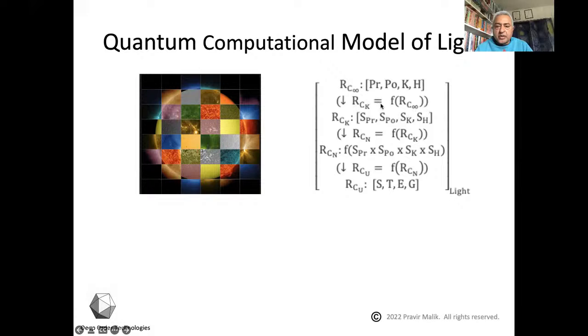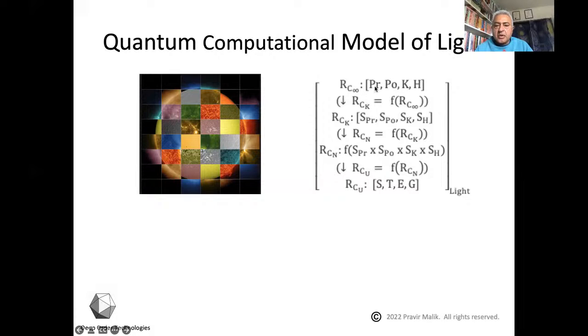Essentially what this is saying is that the next layer of light is a symmetrical expression of the initial layer of light. Because of quantization, there's a bringing out of what is meant by these four properties that we call presence, power, knowledge, harmony.